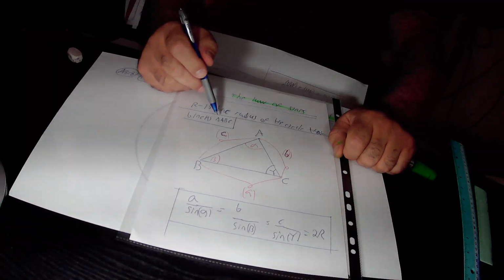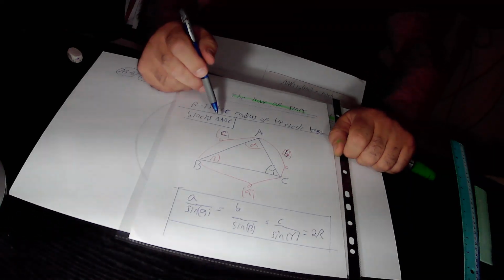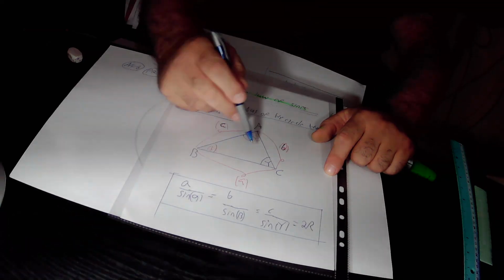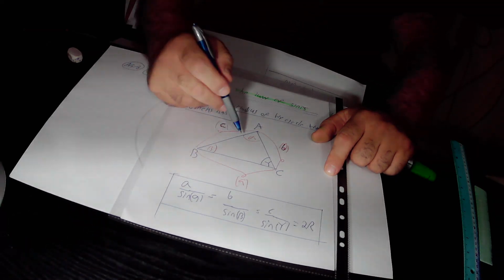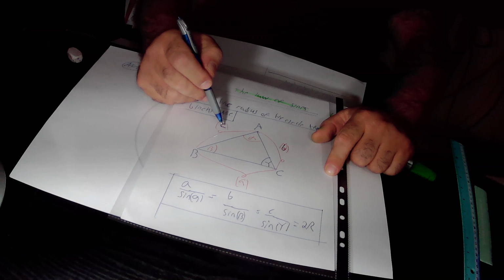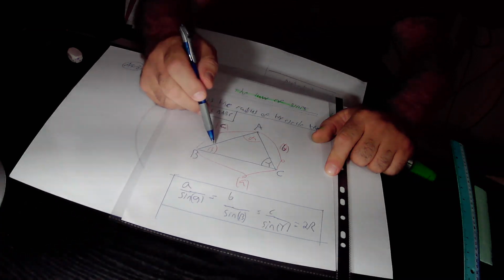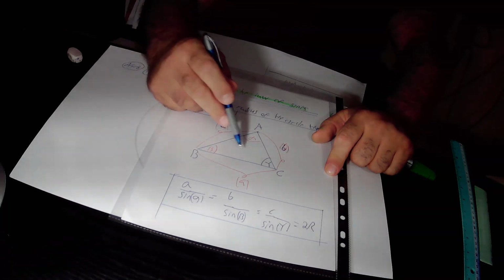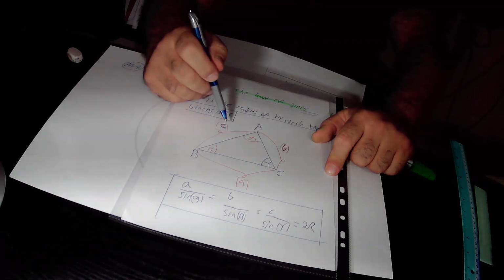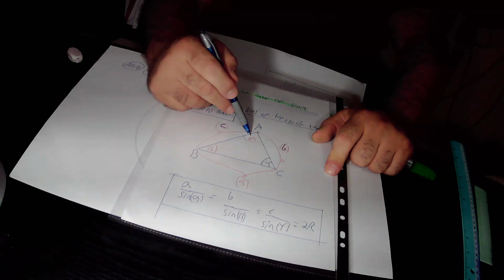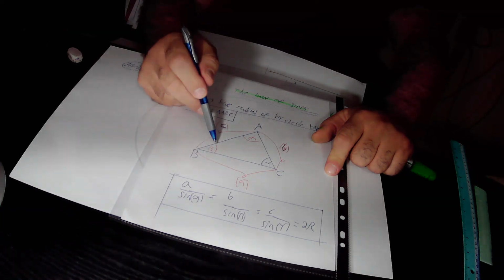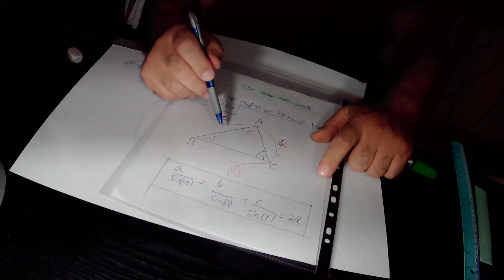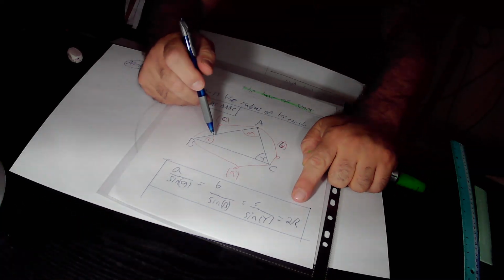So in this triangle ABC, that could be any triangle, the following equation is true: A over sine alpha equals B over sine beta equals C over sine gamma, and it is equal to 2R.